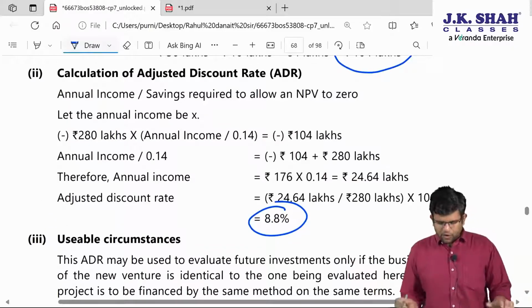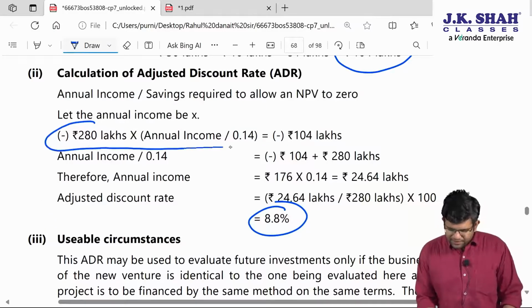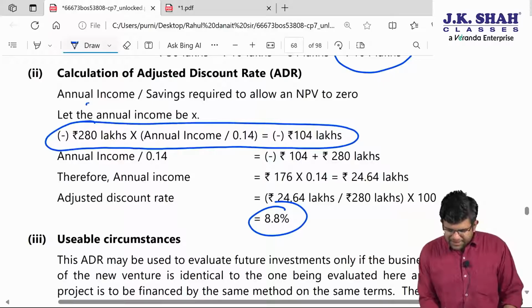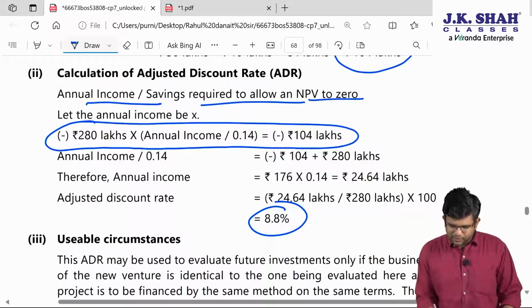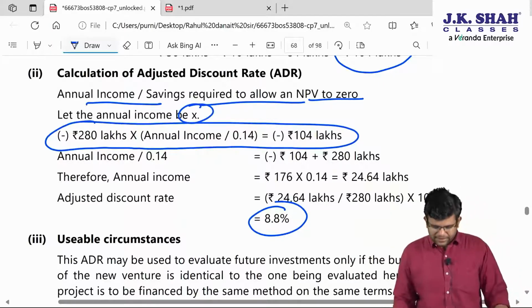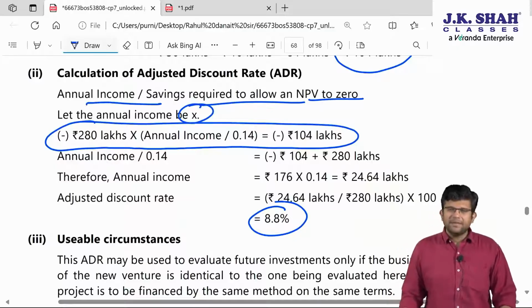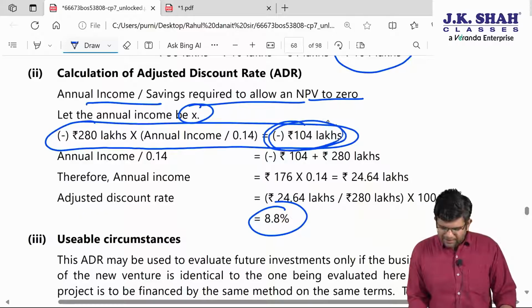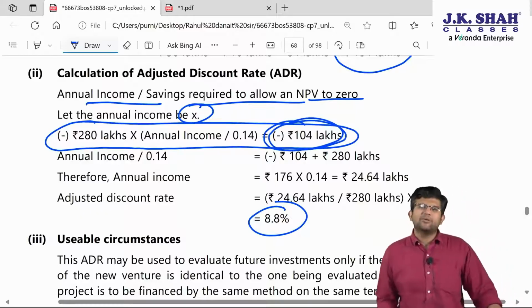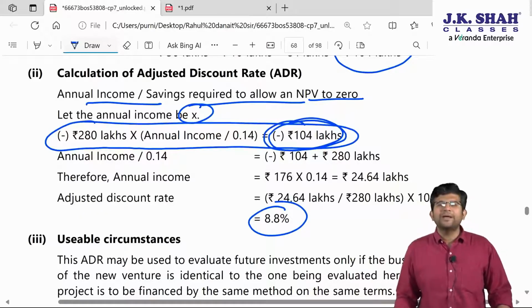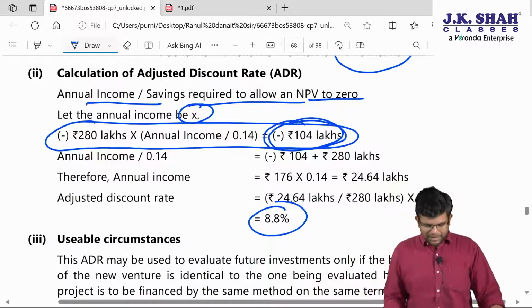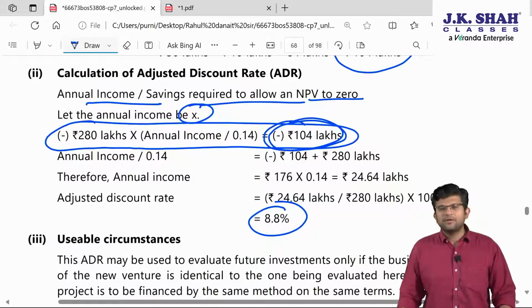It is because they did everything correctly. Yes, they were calculating the income to make NPV 0, let annual income be X, everything was correct. But by mistake, instead of taking 84 lakh, they took 104 lakh.